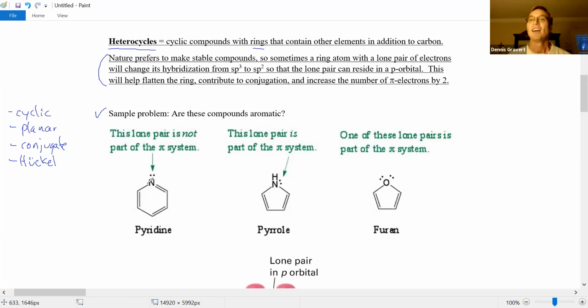Is it flat? Okay, so flat, you really want to avoid sp3 hybridization. Hybridization, remember, determines the shape about an atom. sp3 is tetrahedral.